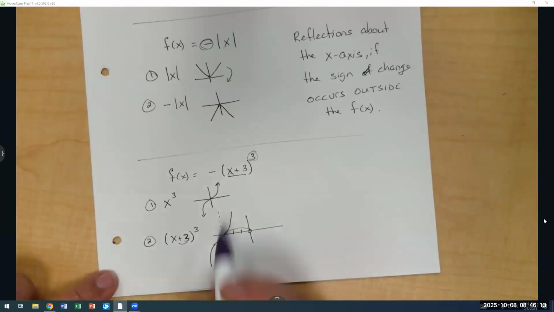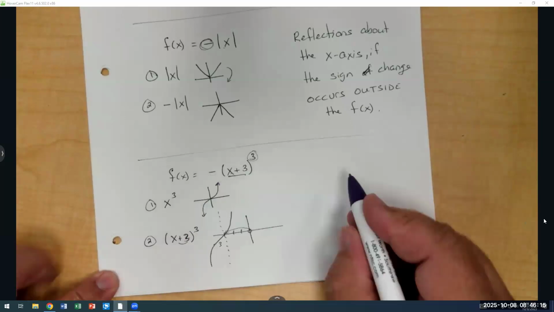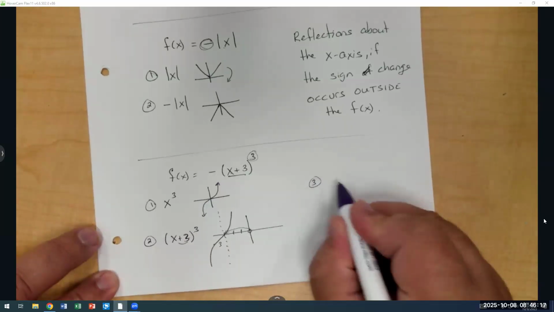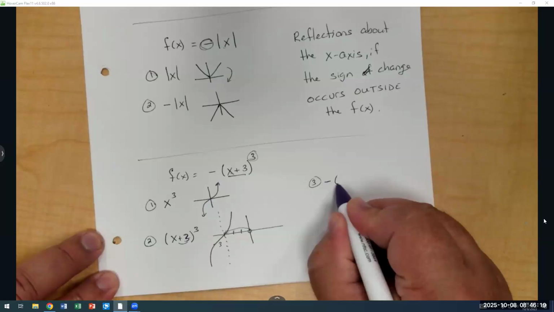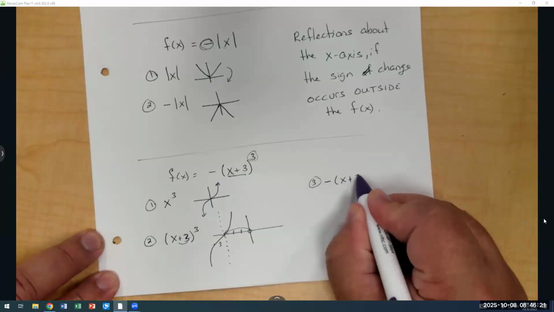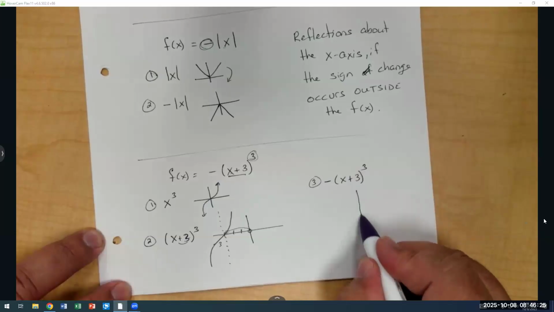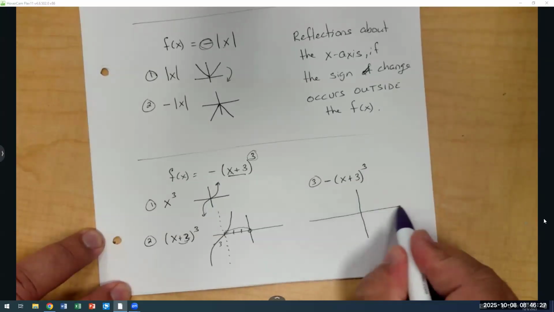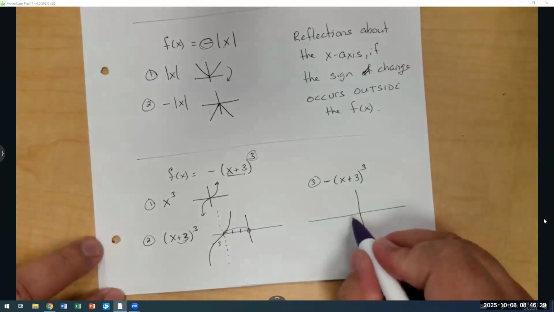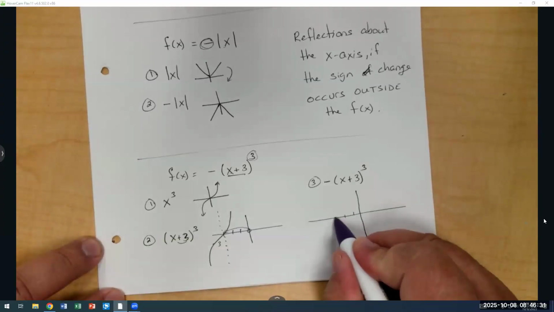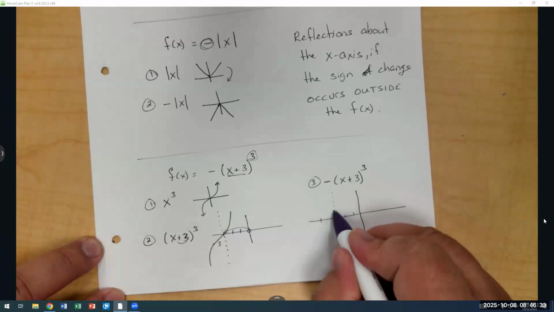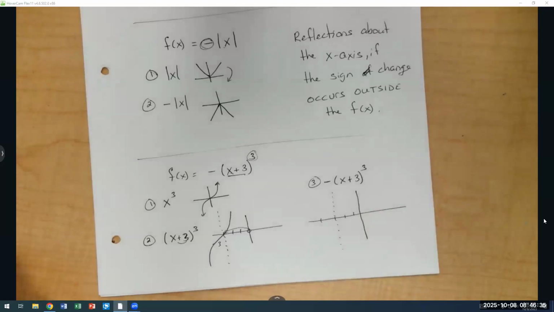Are we done yet? No, there's a negative out in front. So the third change happens outside there. If it happens outside the function, what happens to the graph? It goes where? It flips across the x-axis, yes.